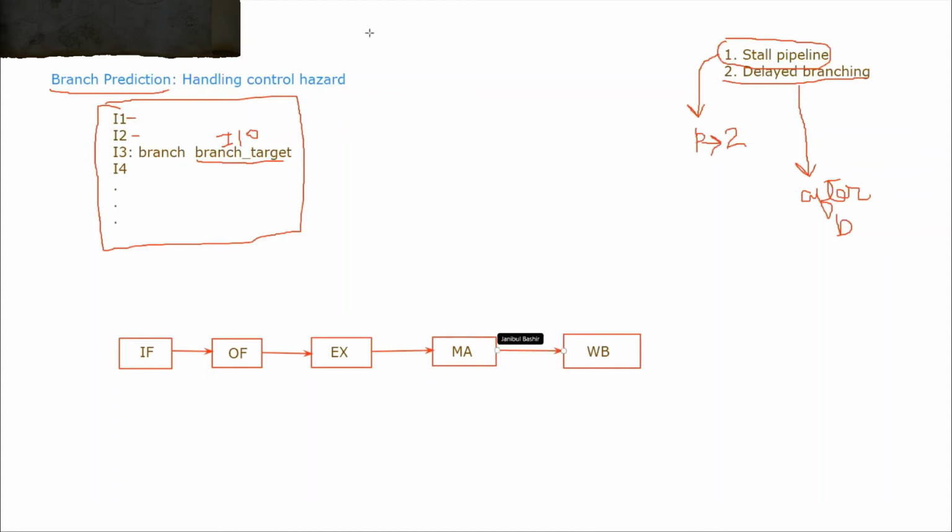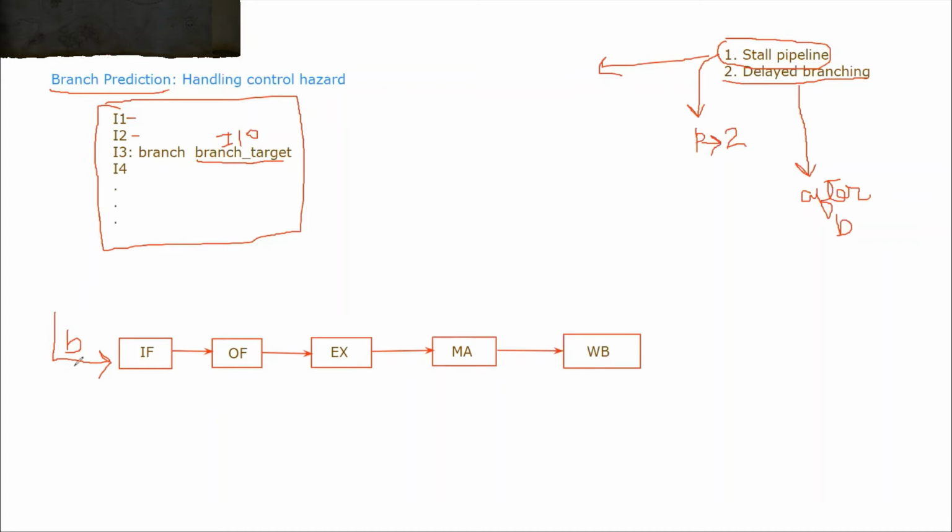Our main aim is to handle a branch instruction. So let's say a branch instruction comes to instruction fetch. Here we are stalling the pipeline. When a branch instruction comes, we allow it to reach the execute stage.